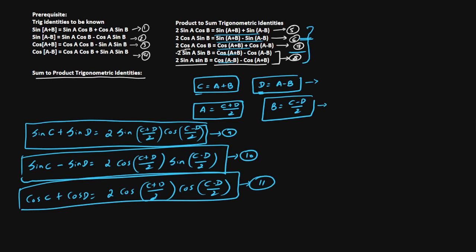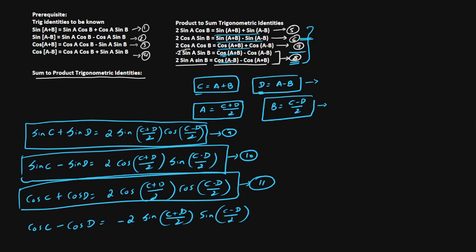Let's take up identity number 8, which is the trickiest one. Let's get to the right hand side first, which is cos C minus cos D equals minus 2 sin C plus D by 2 sin C minus D by 2.